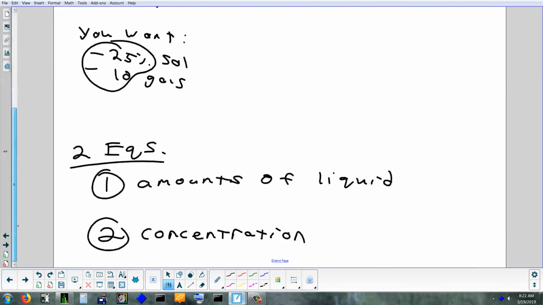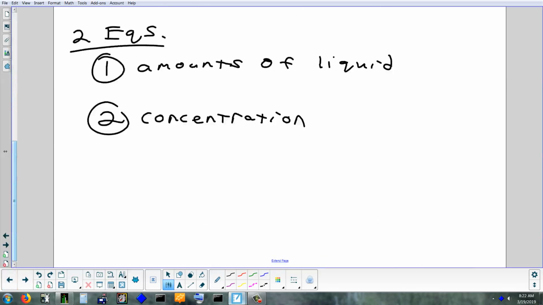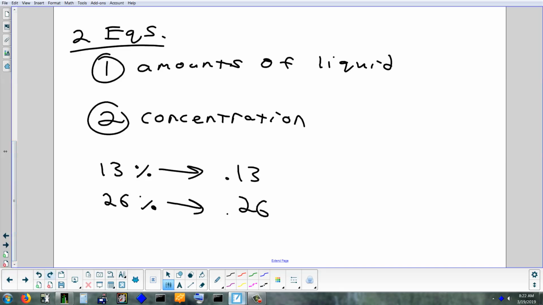Now, one thing you have to keep in mind is that anytime you use a percent, you have to change it to a decimal. So does anybody remember, if you had 13%, how you write that as a decimal? Yep, 0.13. If your decimal was originally here, you just move it 2 places to the left. What if you had 26%? What would that be as a decimal? 0.26. Yep.